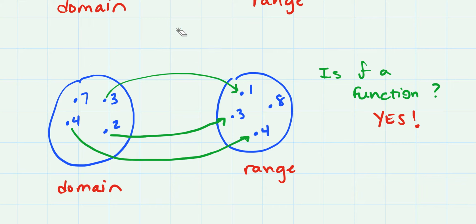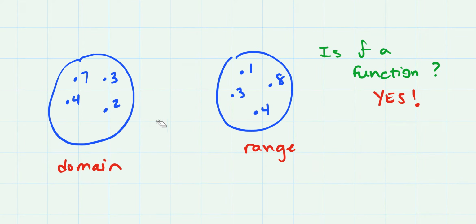Okay, let's try something different. Actually, let me change some of these numbers. I'm going to make this 5, 0, and 9. Now I'm going to let f be the following function. I send 3 to 1, 2 to 5, and 7 to 0.